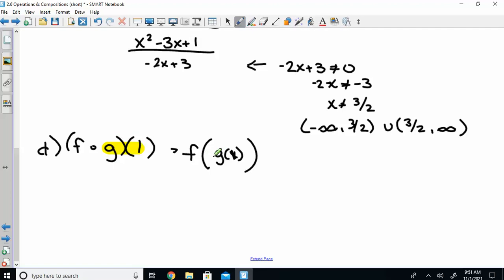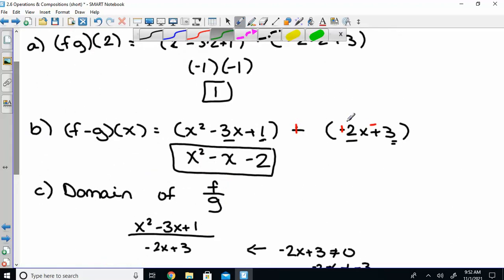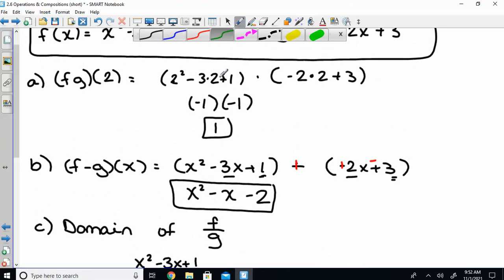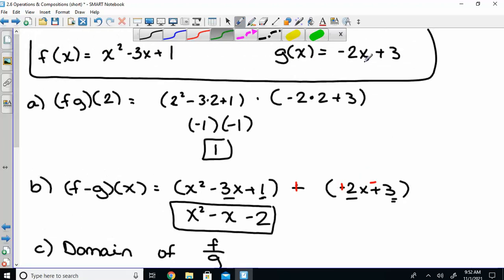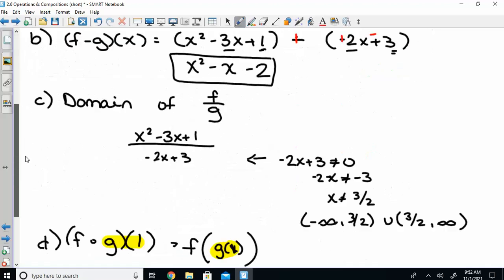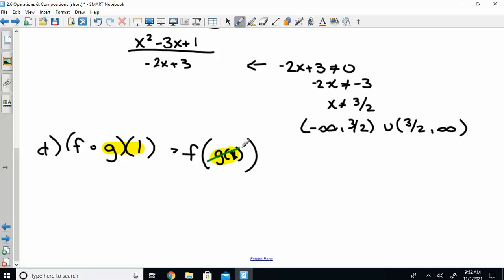So the first thing you will do is the g of 1. That means I'm going to go to g, and I plug a 1 in for my x. So if you plug a 1 in, you get negative 2 plus 3, which is 1. So what happens is this whole inside part gets replaced with my answer, which is 1.